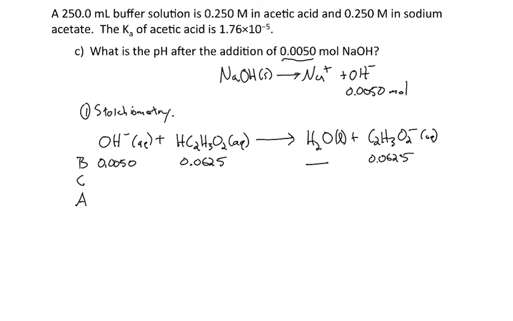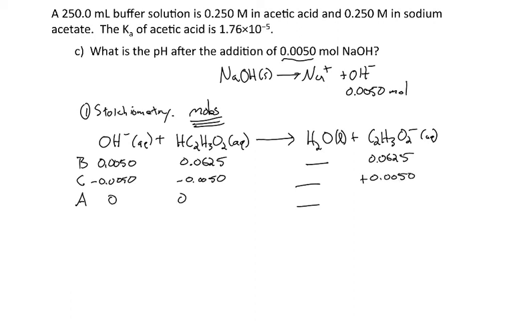Right, and the water, again, we don't really care about. And remember, when we're doing stoichiometry, we have to be sure that we're using moles. All right, so in this case, hydroxide is going to be the limiting reagent because there's less of it. And so I'll be left with no hydroxide.